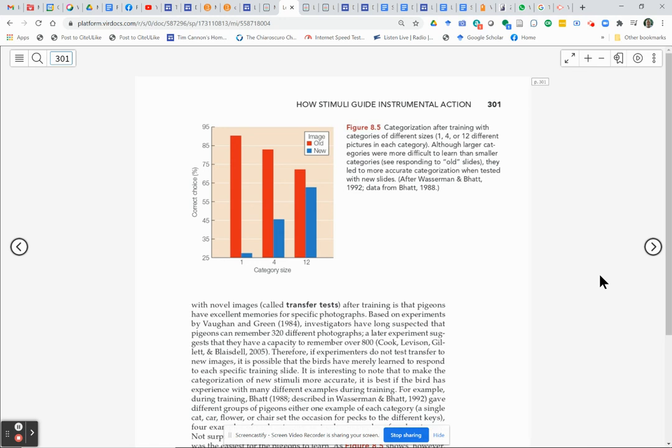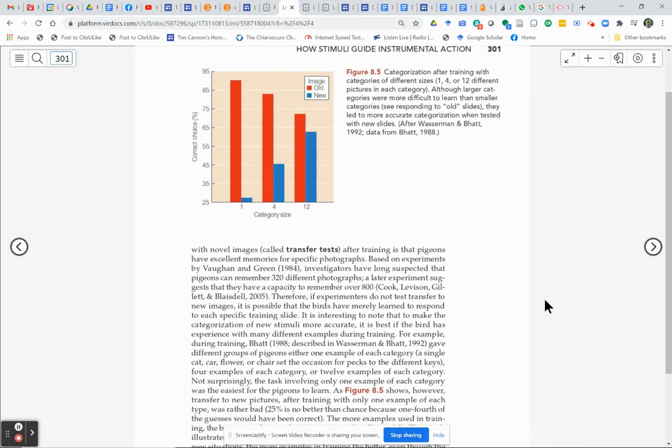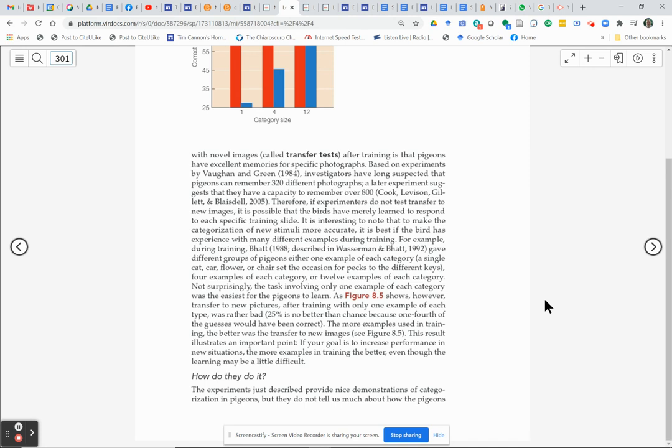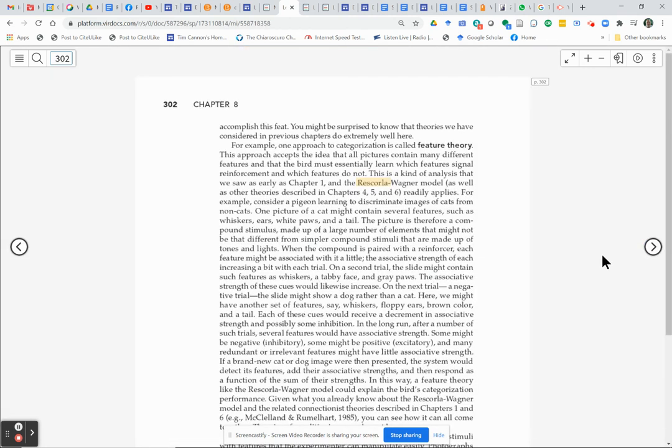It's harder to learn something with a lot of different stimuli, but you do get the gestalt, the big picture, and you generalize well from that. And Rescorla and Wagner is back, and there are theories about how the animals do this.